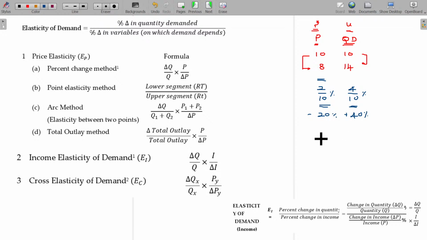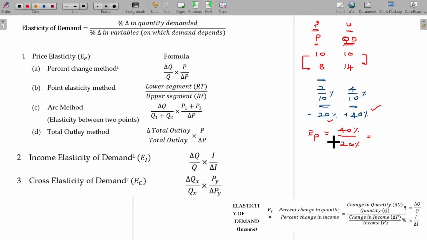Now, what is the elasticity of demand with respect to price? That may be noted as E subscript P. The change in quantity demanded should be in the numerator, and the change in the price will be the denominator.